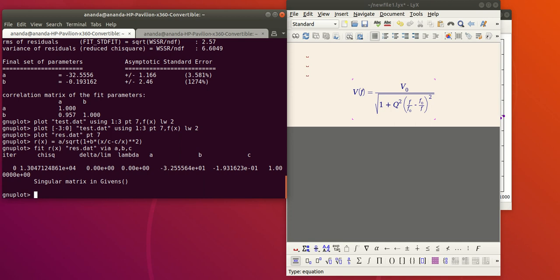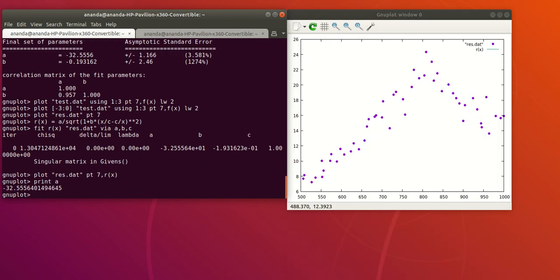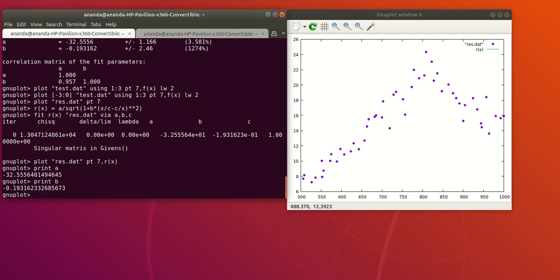Let's print a, b and c, see what happened. There is a value. Okay, b has come out to be negative, which perhaps means that the square root will end up with a negative value. So let's do one thing.